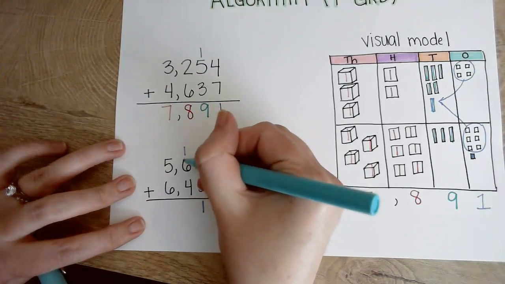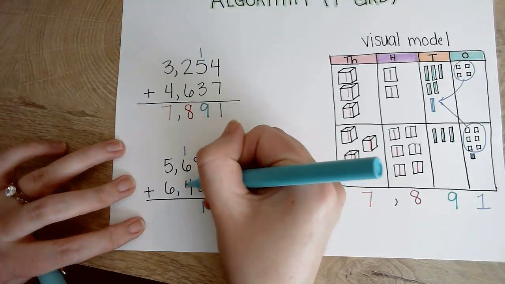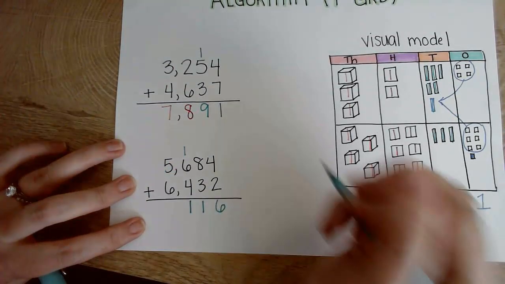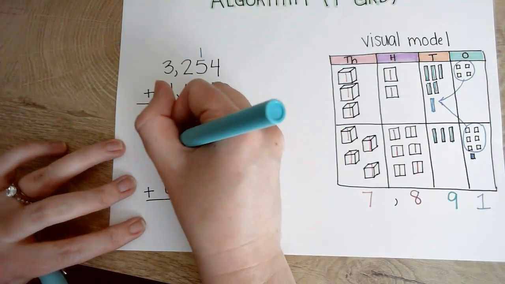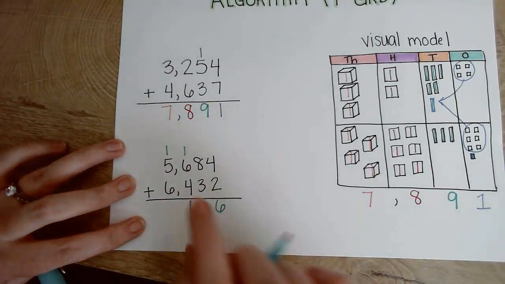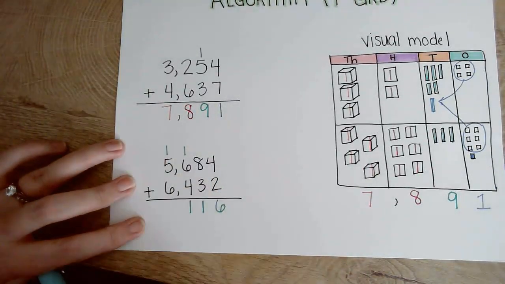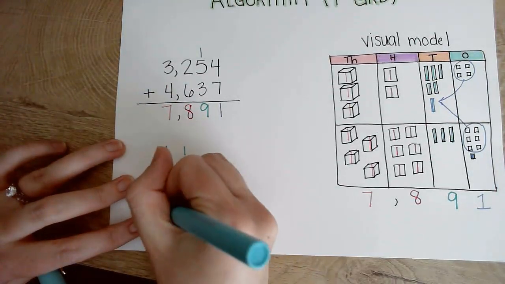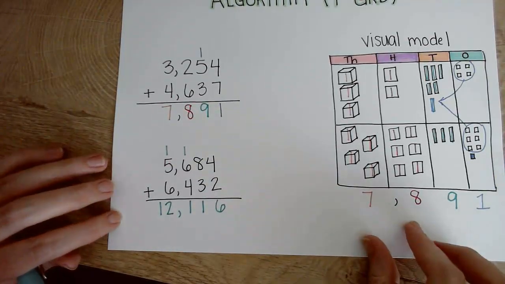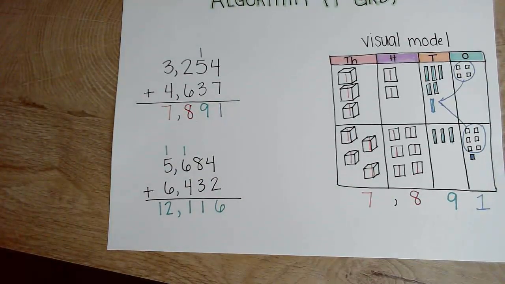Here we have 1 plus 6 is 7. 7 plus 4, 11 again. 1 goes down, and we're regrouping those hundreds and making a group of 1,000. 5 plus 1 is 6. 6 plus 6 is 12. So altogether we have 12,116.